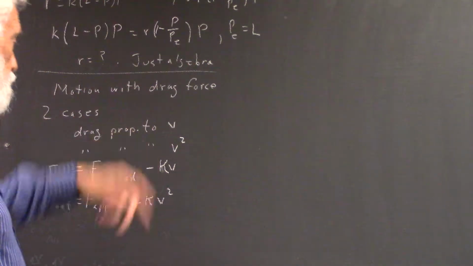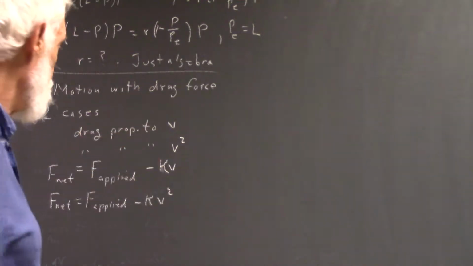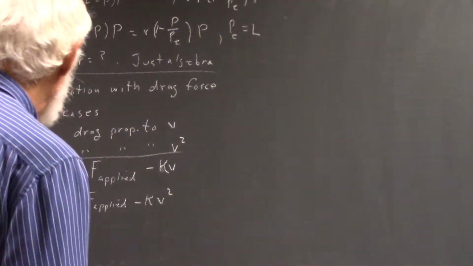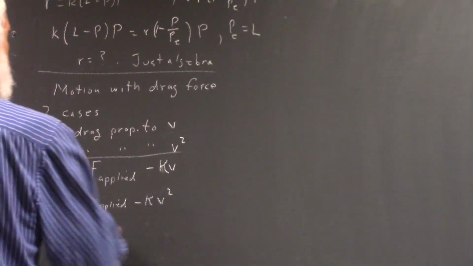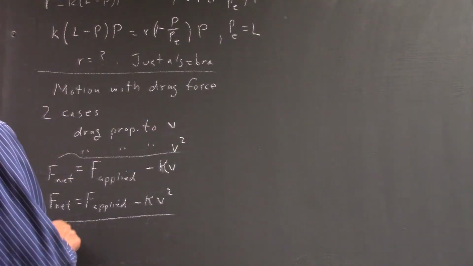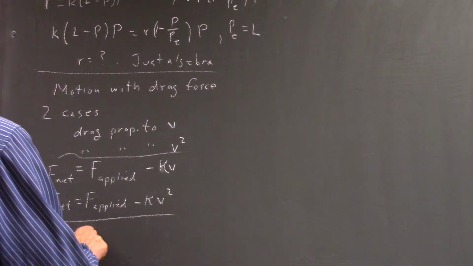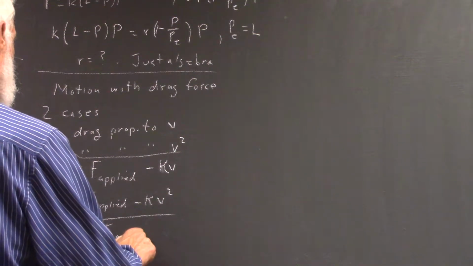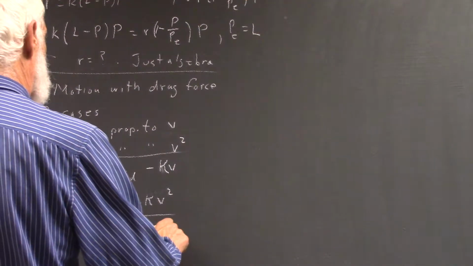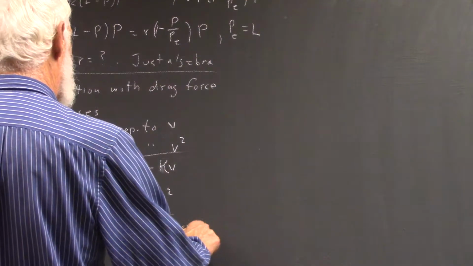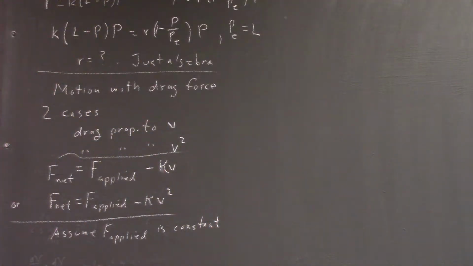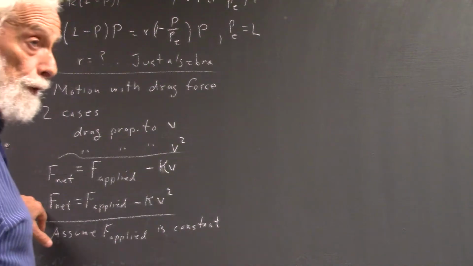So using the notation in your book, I actually looked to see what the notation was. We have these two cases. Now, okay, first assume F applied is constant. Then you have either this or this, right?